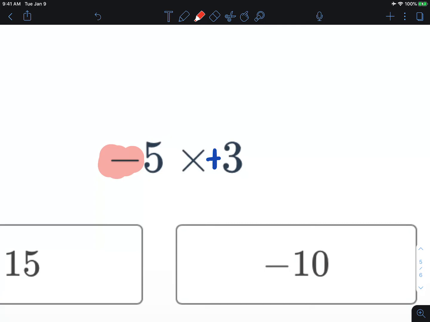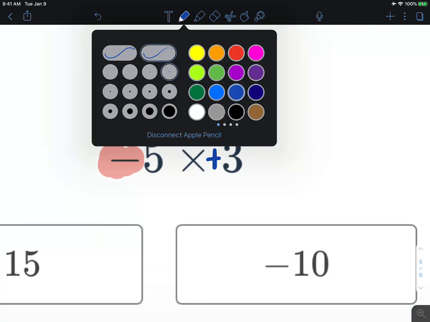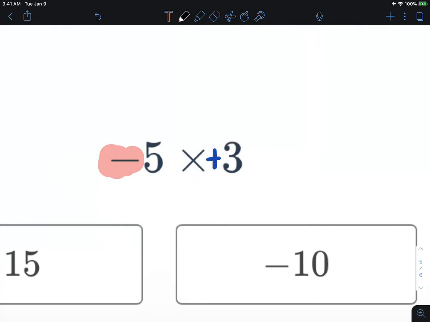So what is a negative times a positive? What I can do here is look on the side, I can do negative, negative, positive. I know that a negative times a negative is a positive, but here's a negative and a positive.